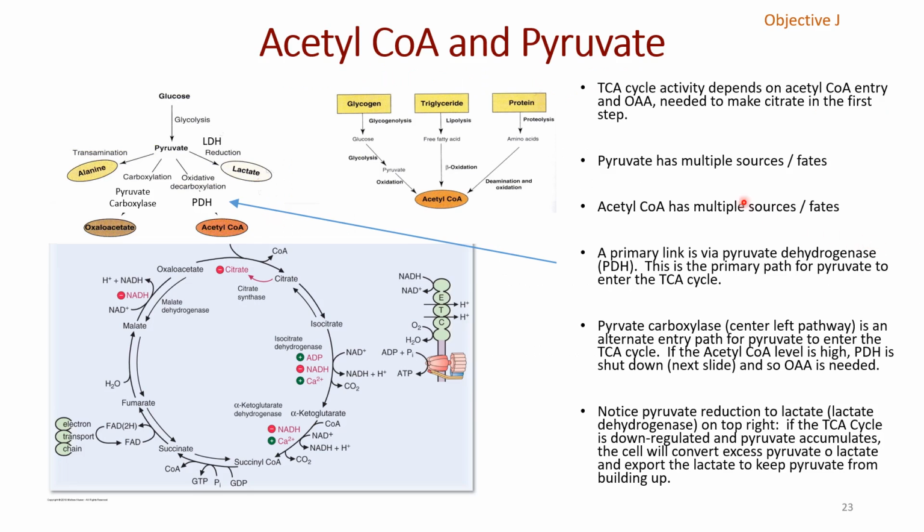Okay, so let's look again at acetyl-CoA and pyruvate, how these things work together. So if you recall, acetyl-CoA is going to be a common intermediate for these catabolic reactions here. If you break down fat, you make a lot of acetyl-CoA. When you break down protein and you oxidize those amino acids, a lot of the products end up as acetyl-CoA.